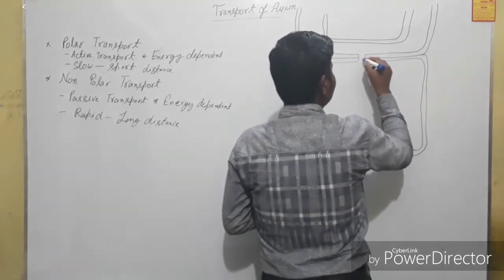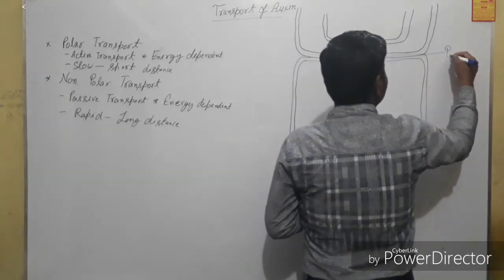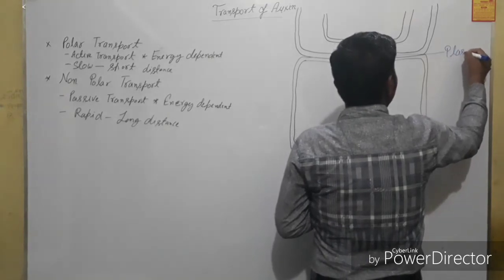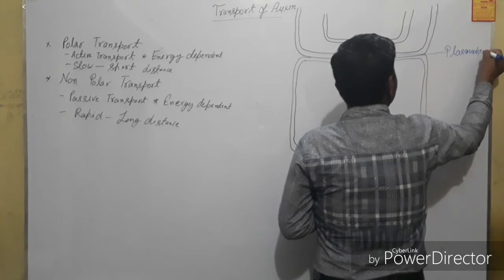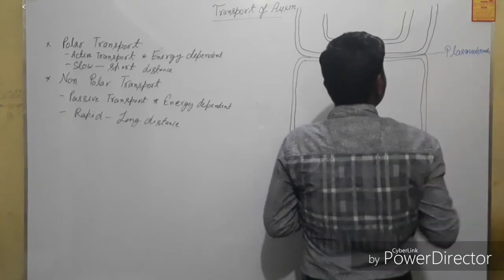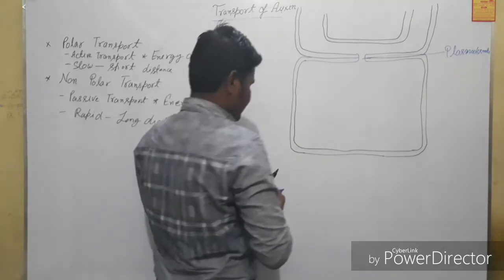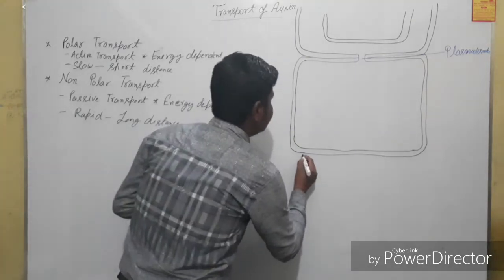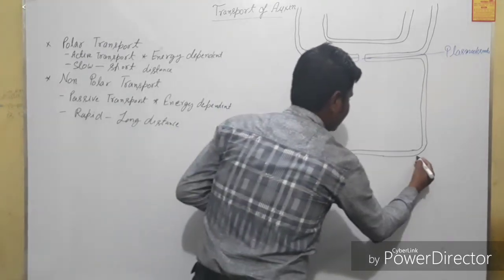We all know this connection of cell to cell is known as plasmodesmata. Now here we draw another cell also.